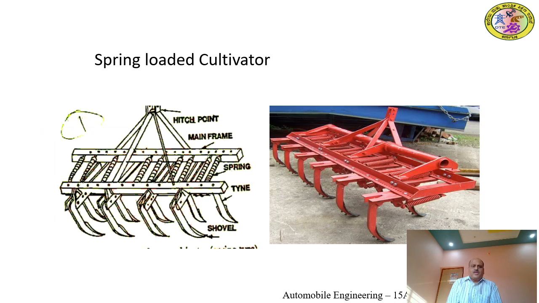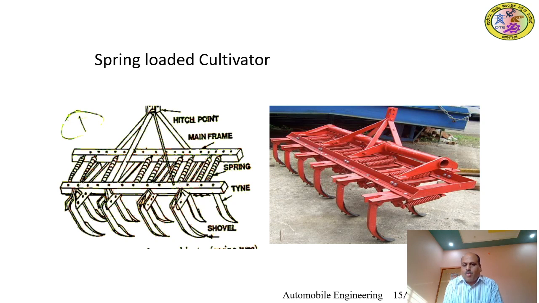Now this is about the other cultivator, the spring loaded cultivator. In the earlier case, if you are using the rigid cultivator, whenever the tine encounters any obstacles in the soil, it may be a root or stones, there may be damage to the tine, as well as chances of the tine breaking.